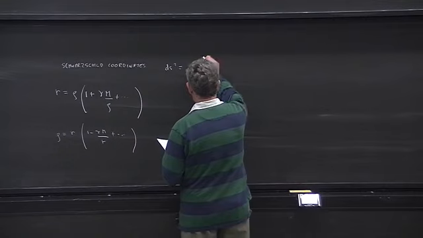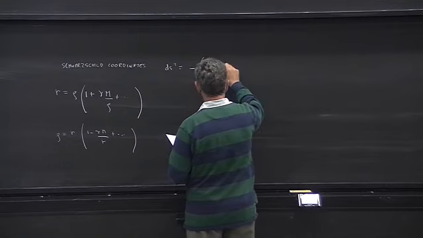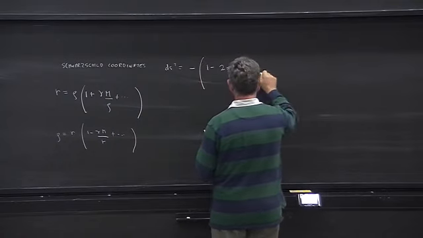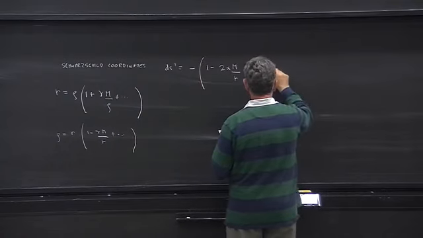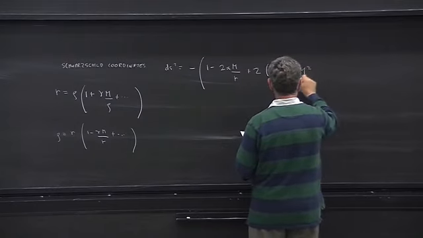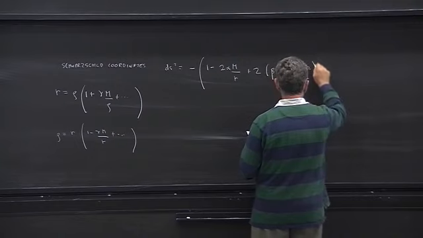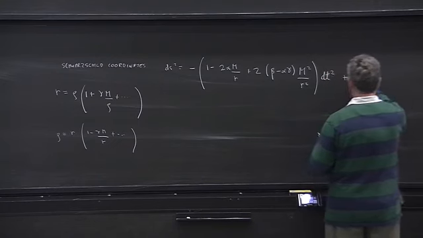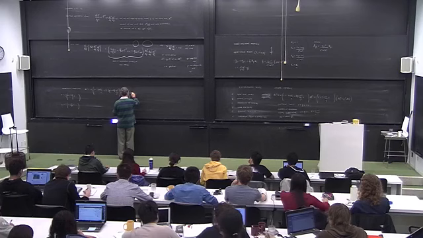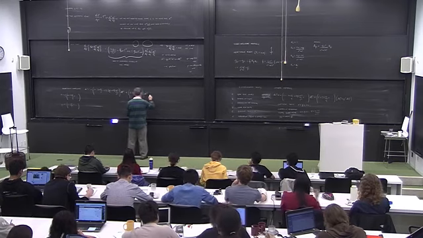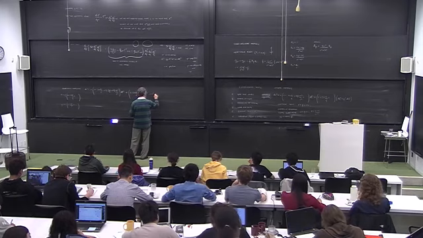Then this becomes 1 minus 2 alpha m over r plus 2 beta minus alpha gamma m squared over r squared dt squared plus 1 plus 2 gamma m over r dr squared plus r squared d omega squared.